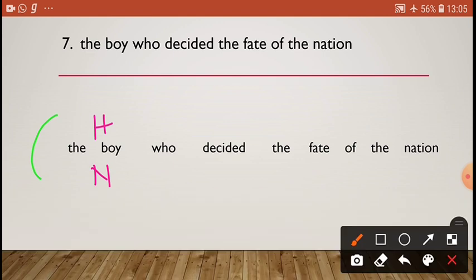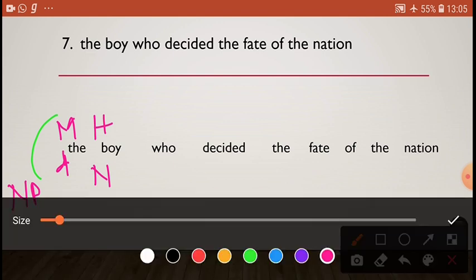This is a noun phrase, okay, and the is a determiner and its function is modifier. Who, here you will see who decided the fate of the nation. So here who is a relative pronoun and it starts the relative clause.